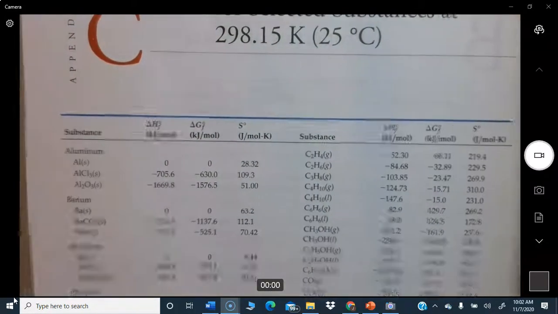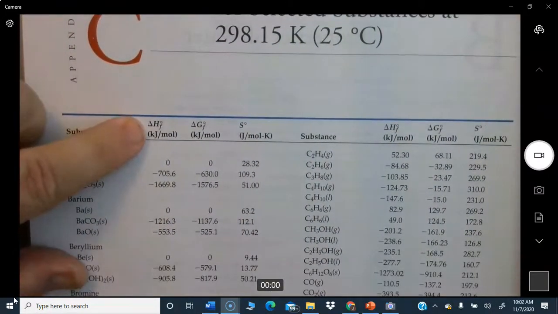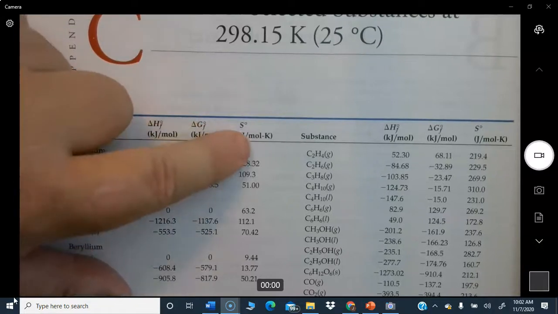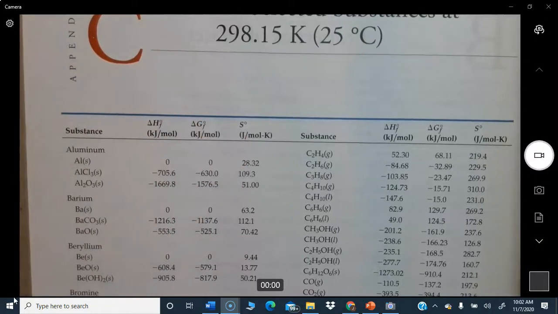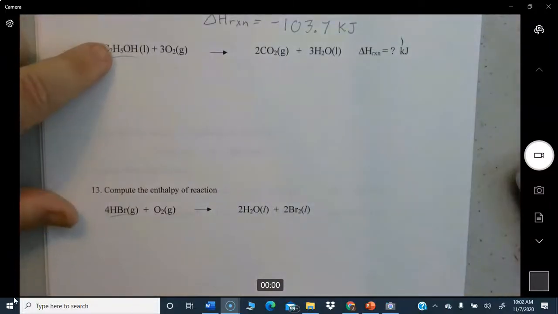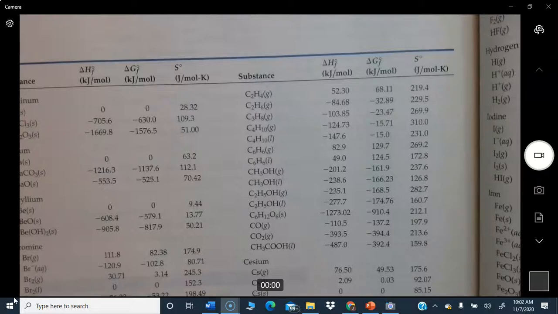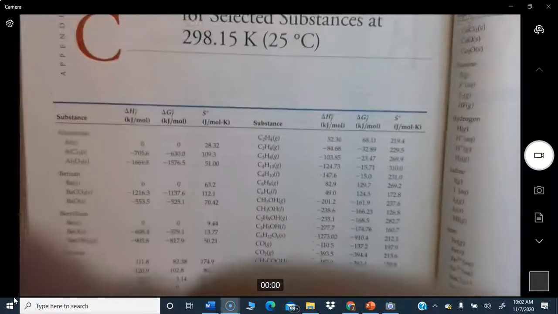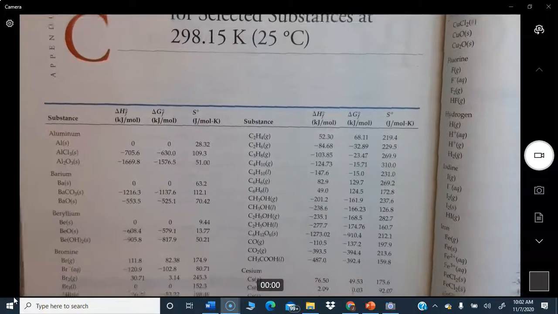What it's showing us here is delta H of formation. That's what we're interested in. Delta G and S are concepts we'll get to later in the class. So the two that we need are C2H5OH. And you find that under carbon. It's a little hard to see, so I'll try to come out a little bit here.